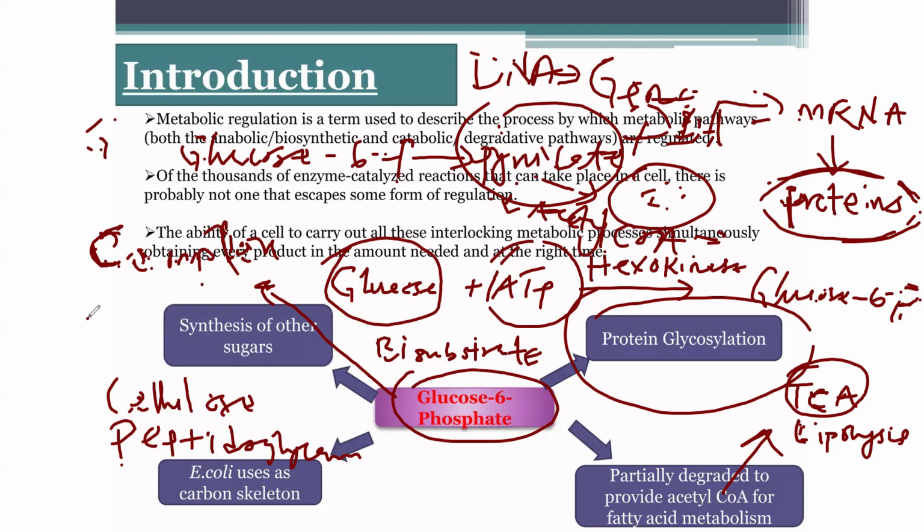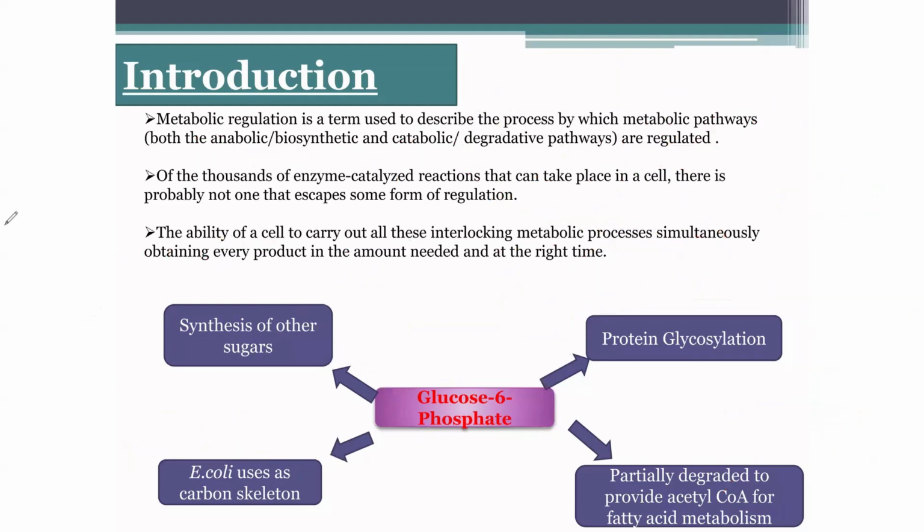So this is what actually happens, ladies and gentlemen, and that is the reason why we need to control metabolic processes, so that when we need a particular product, it will be generated, and when we don't need that product, we don't need to generate it. That is the concept of metabolic regulation.